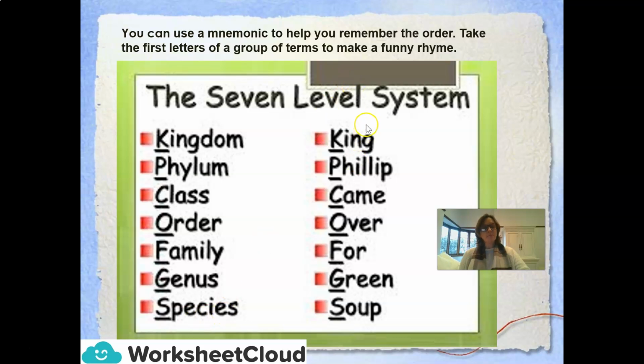My little rhyme or mnemonic would be King Philip came over for green soup. And if I remember king, I will think of kingdom, Philip, phylum, came, look at C, class, O, order, F, family, G, genus, S, soup. So I hope that makes sense to you.